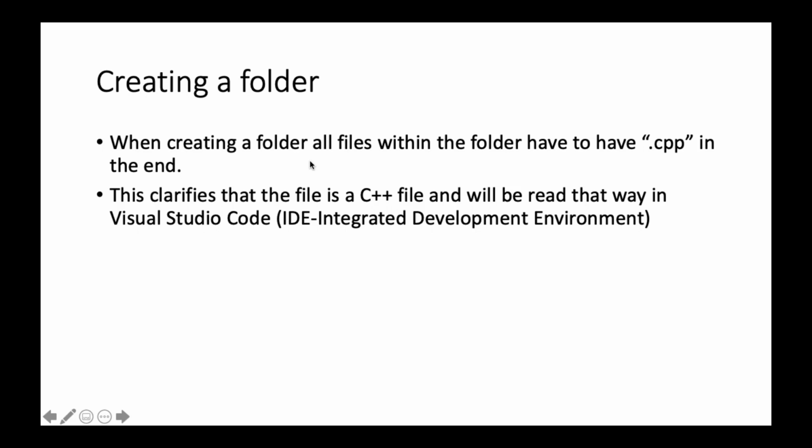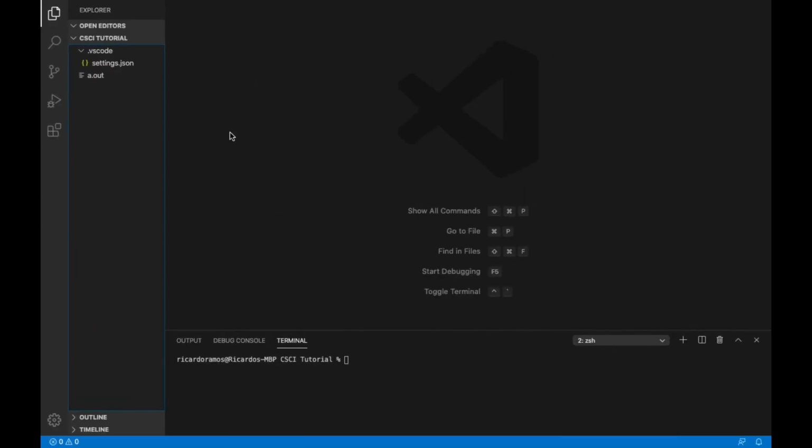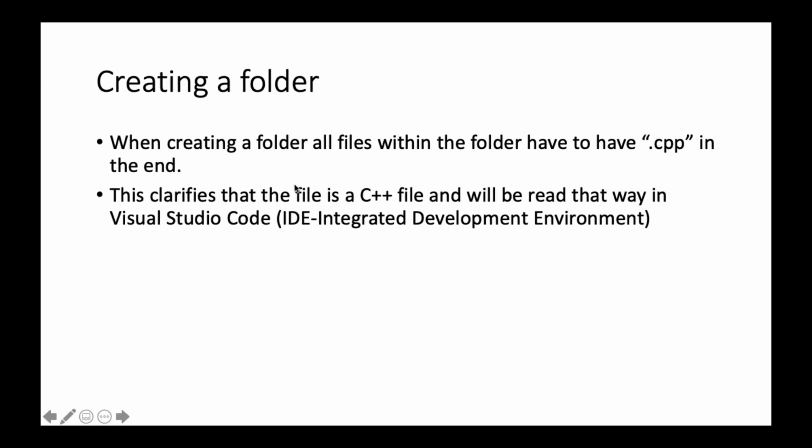When creating a folder, you must have an IDE, which is an integrated development environment. For me, I will be using Visual Studio Code. This helps you to run your program. When creating a folder, the folder can be any name as long as you know what it is.